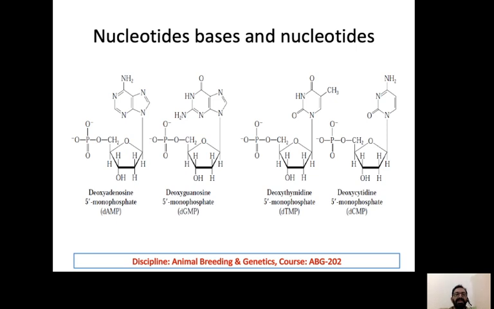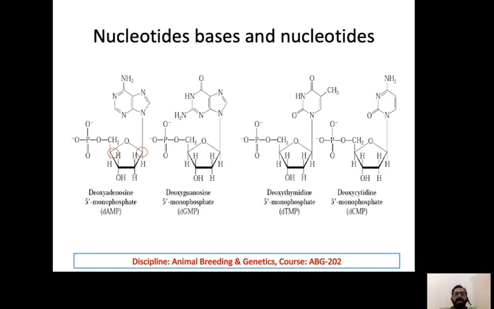Monophosphate means there is only one phosphate group attached to the sugar. And deoxy because the sugar used here is basically without the oxygen. If you remember the positions, this should be number 1, and this is where the phosphate is attached, this should be number 5.